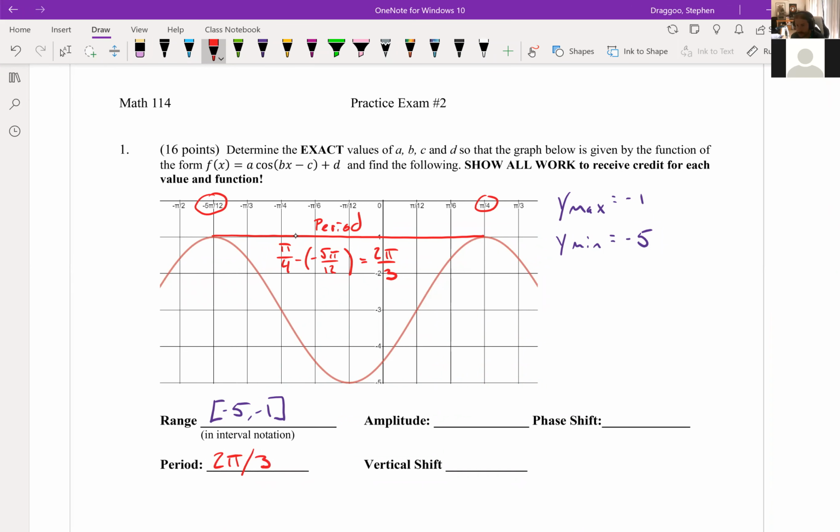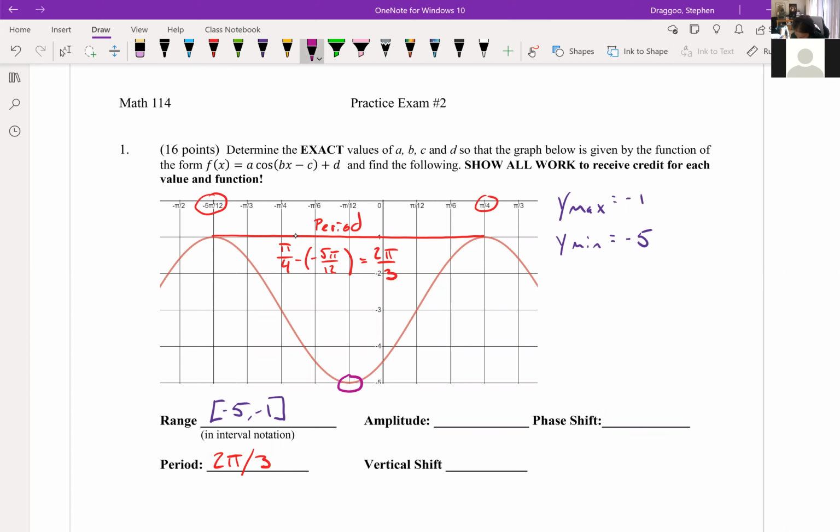Probably include some extra work somewhere here in a minute. And that's all of the information that we know for sure must be true. I also need to pick a phase shift somewhere. And we'd have a few options for that.